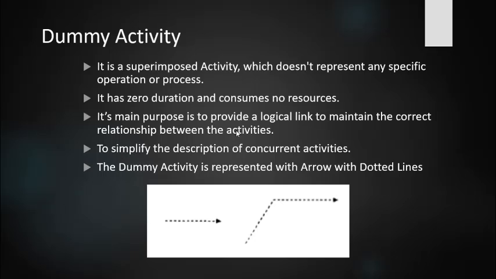Here you can see on the third point, it provides a logical link. The main purpose is to provide a logical link to maintain the correct relationship between the activities, and to simplify the description of concurrent activities. Concurrent activities are activities planned simultaneously, side by side. Site investigation is going on. After site investigation, earthwork excavation is going on, and along with it the approach road is also constructed.